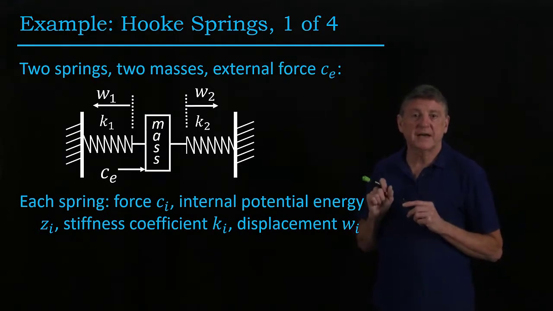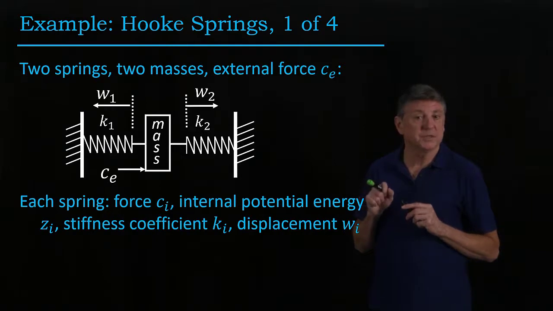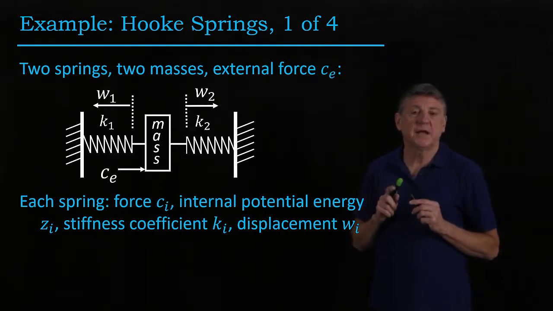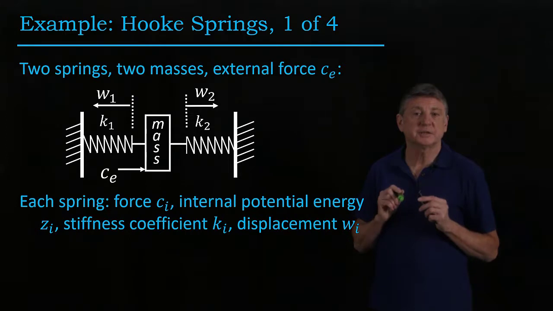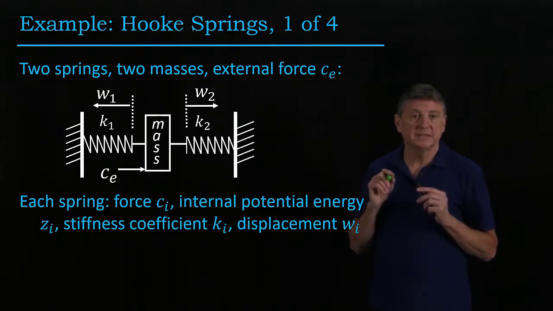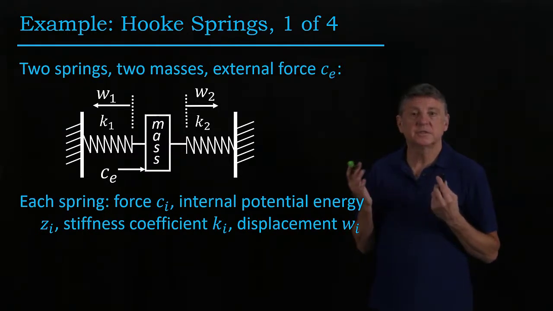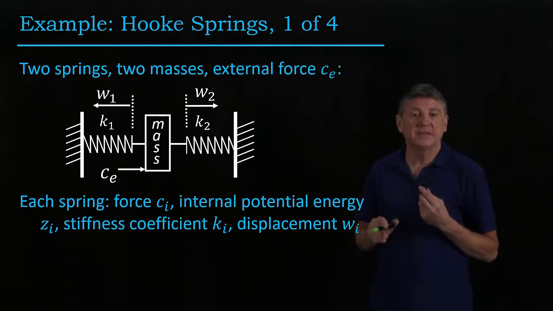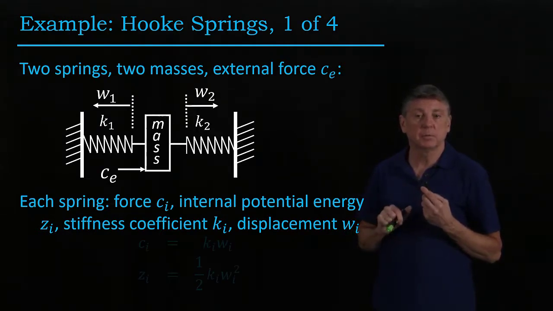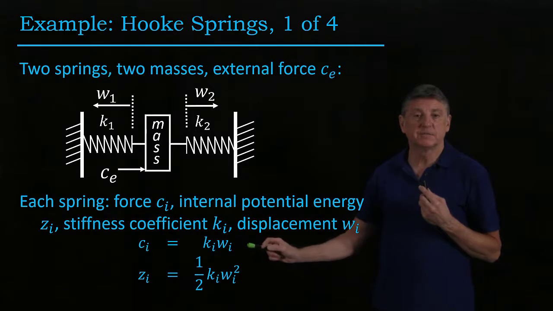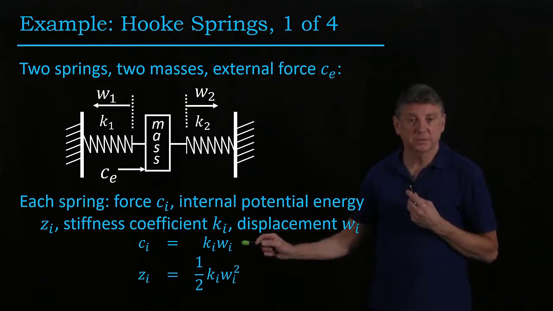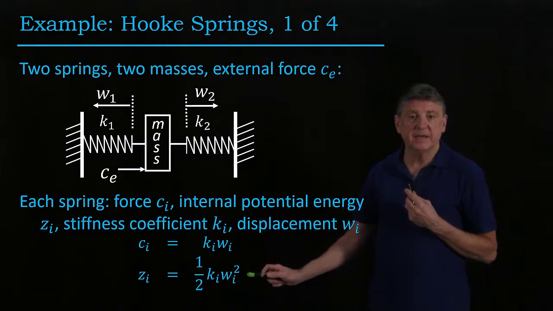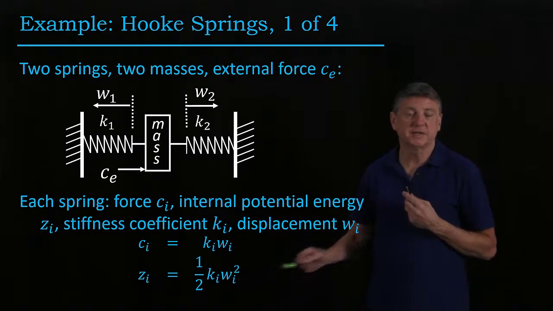So there will be C1 and C2, and each of these springs will have an internal potential energy, or a spring energy, that we'll refer to as Z sub I. And as I mentioned before, the stiffness coefficients we'll call K, and the displacements will be the variables of our problem. So the force is linearly related to the displacement by the spring stiffness, and the spring energy is the standard potential energy term.